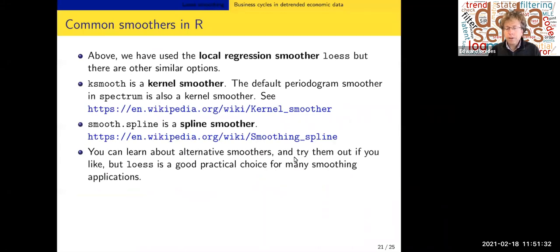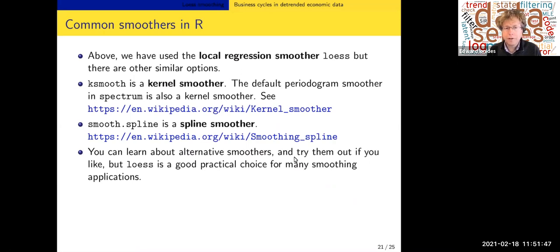So here we focused on lowess, but there are other similar options that you can play with. They're functionally fairly equivalent, and I find lowess convenient, so I'm going to focus on that one.